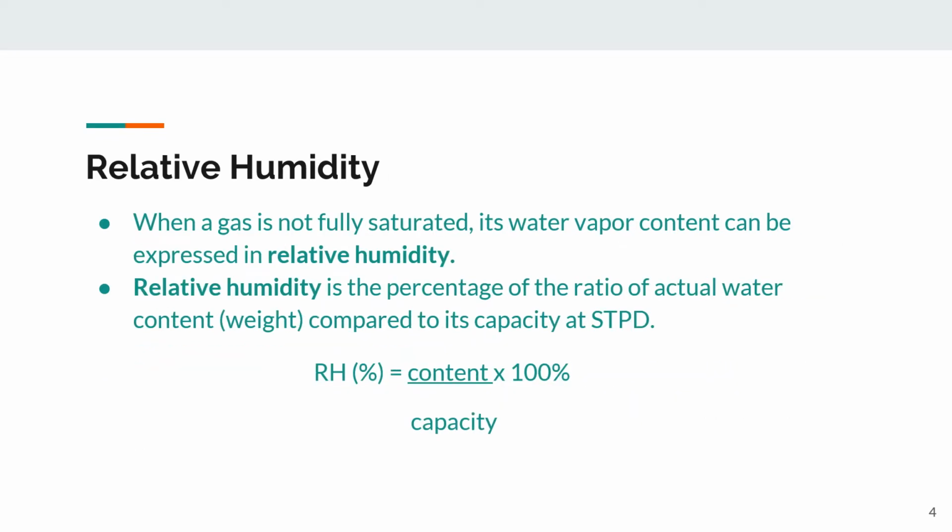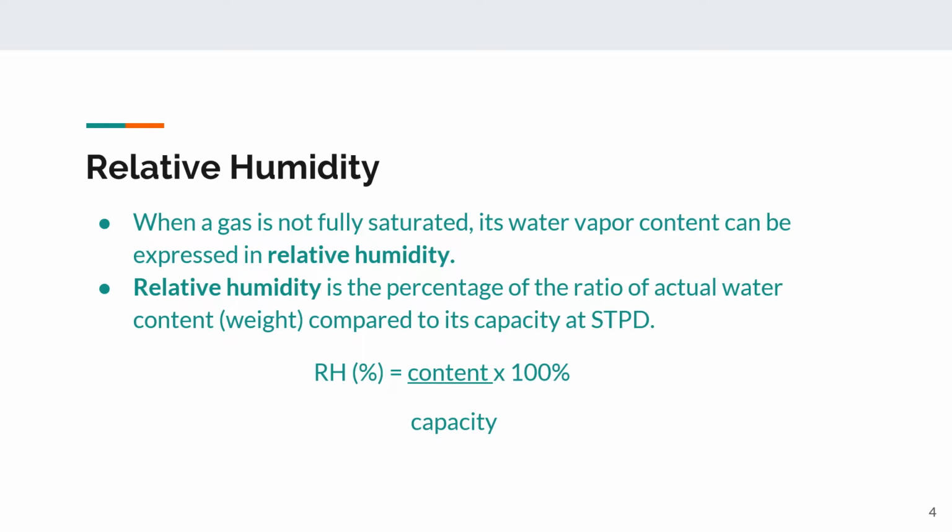So relative humidity: when a gas isn't fully saturated, the water vapor content can be expressed as relative humidity. Relative humidity is basically the ratio of the actual water content, or the weight, compared to its capacity.